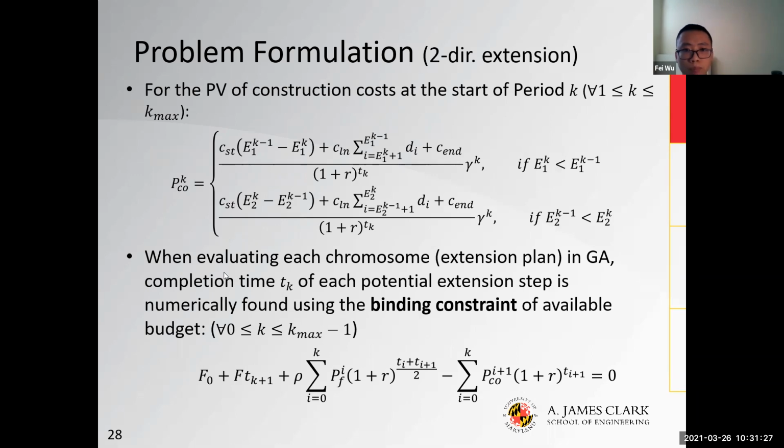For the two-direction extension, the constraint of available budgets becomes binding for determining the completion time of the extension step.